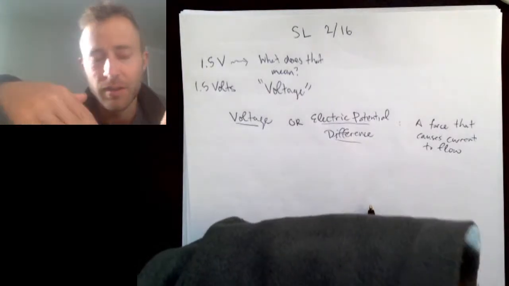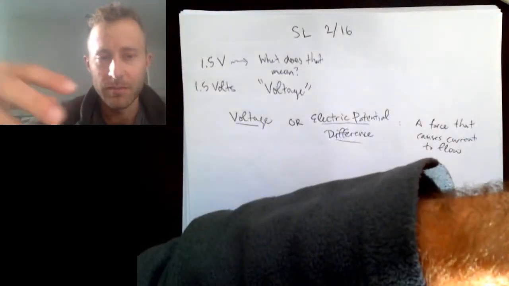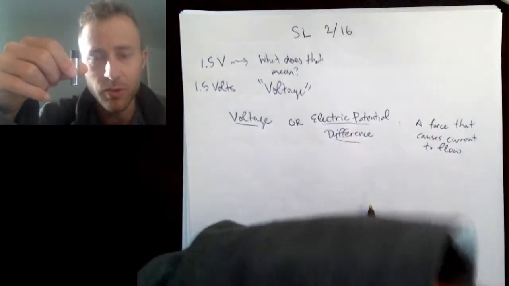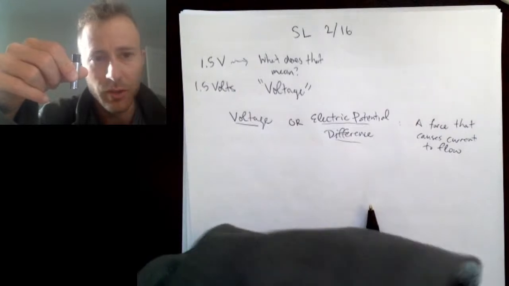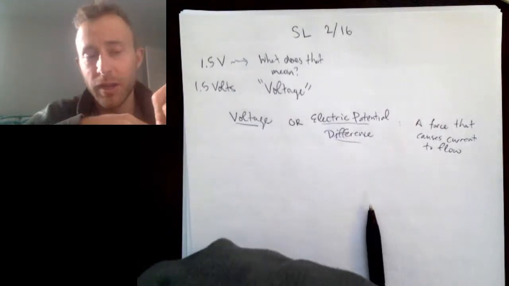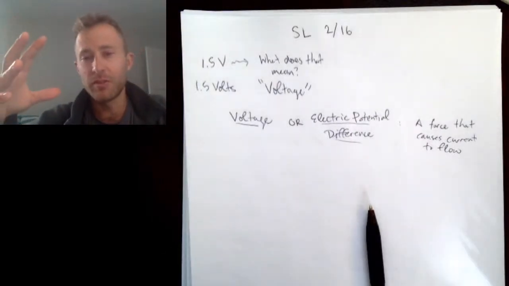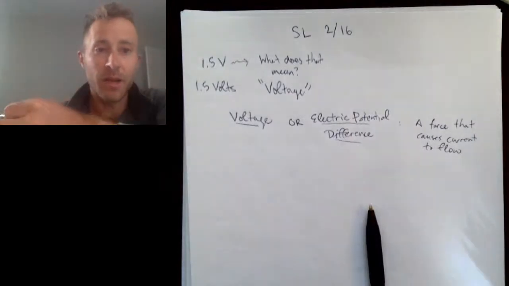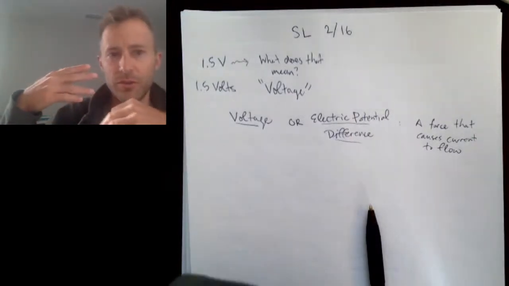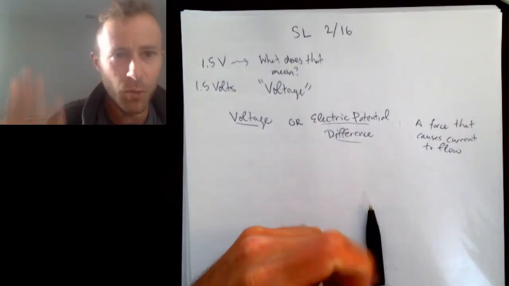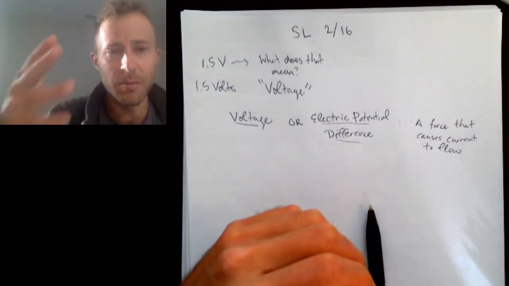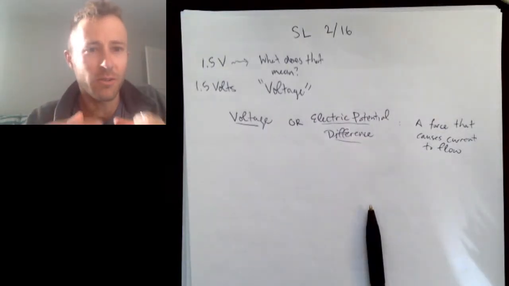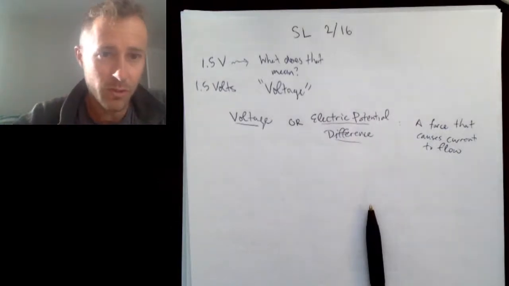Once there are no more reactants left inside this battery, it can't force the current to flow anymore. So you've used up the ability to make current flow. The bigger the battery is, the more reactants it has inside, and it can force the current to flow for a greater amount of time. So it has nothing to do with the force. It has everything to do with the amount of endurance the battery has. So bigger batteries are going to have more endurance and be able to last longer while forcing the current to flow.